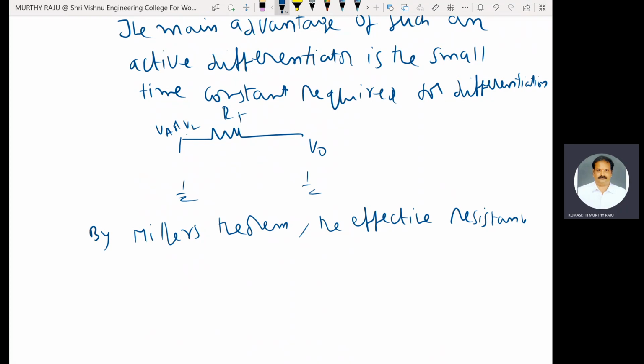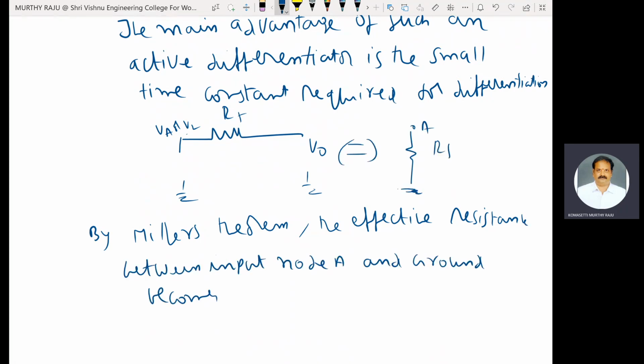A and the ground becomes RF by 1 plus AV, where AV, generally, RF by 1 minus AV.